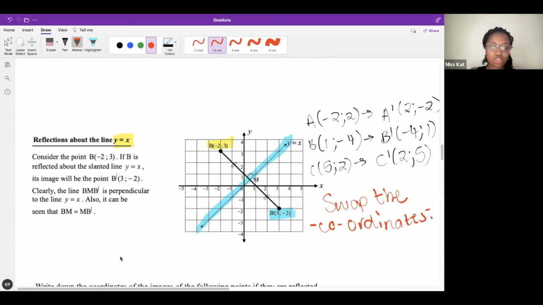You're just swapping the coordinates. My general rule will be x, y will now become y, x. A few seconds for our screenshot people. Then we're going to do my exercise quickly.